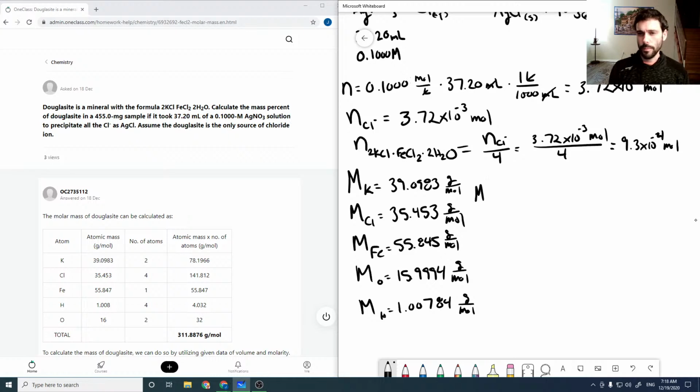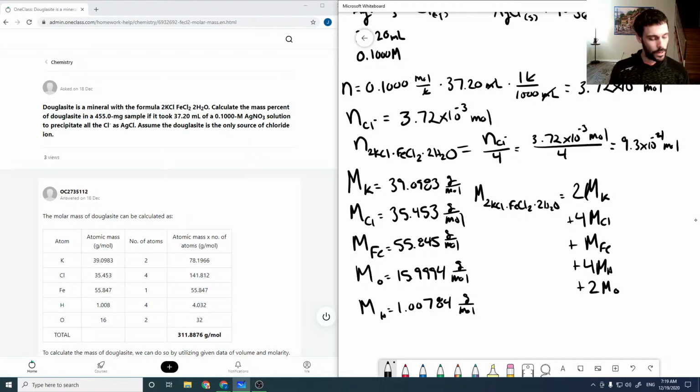Okay, so then molar mass for 2KCl, FeCl2, 2H2O is 2 times our molar mass for potassium plus 4 times our molar mass for chlorine plus our molar mass for iron plus 4 times the molar mass for hydrogen, and plus 2 times the molar mass for oxygen.